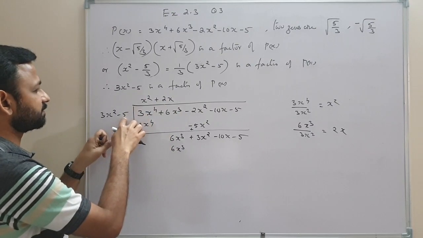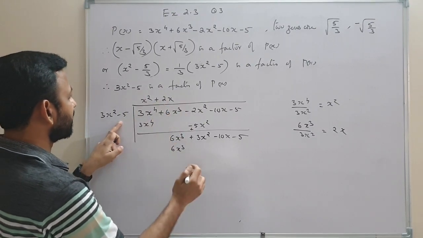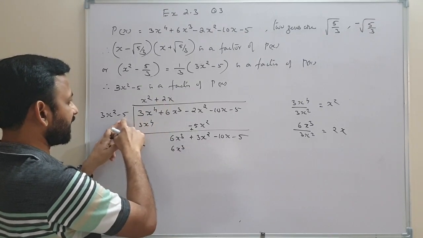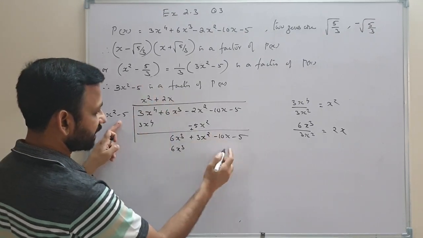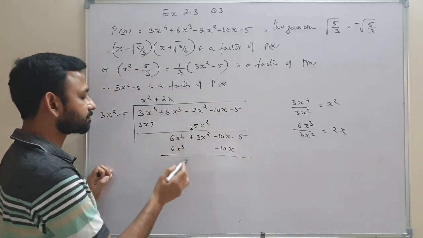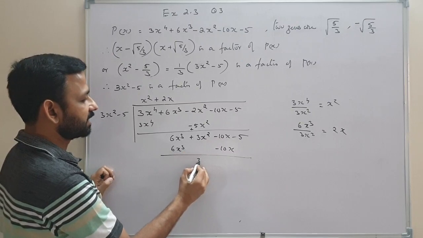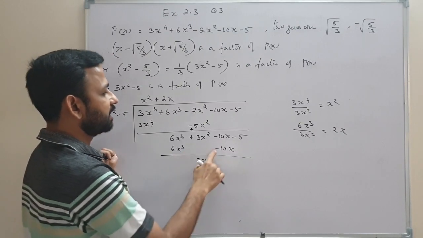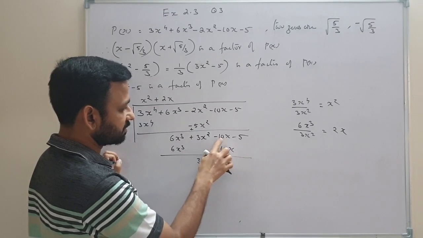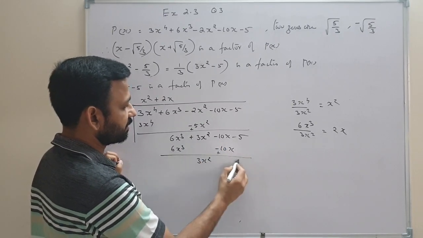Then 2x into minus 5, that is minus 10x, right below the x term. Then difference 0. Then 3x square. Then opposite sign, cancel the 0, then here minus 5.